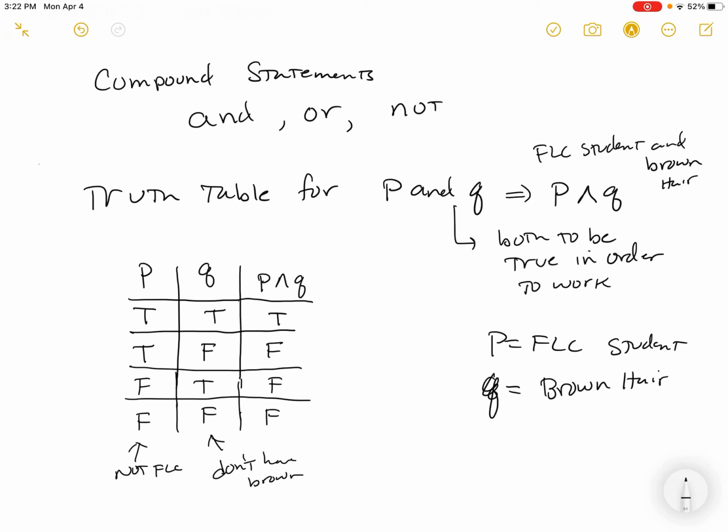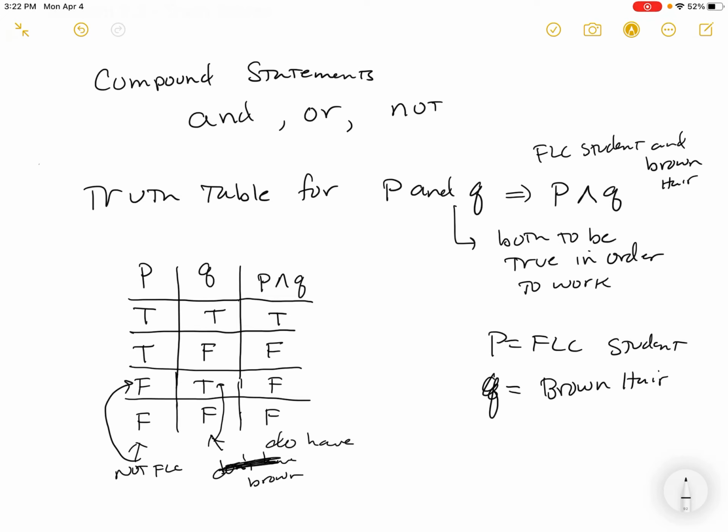So obviously if they fail in both categories, then we fail overall to have a person that's an FLC student and brown hair. Now if I go up one level and we look at this one right here, then they're not an FLC student, but they do have brown hair. Well, even though they have brown hair, if they're not an FLC student, then I do not have somebody at the same time who's an FLC student and has brown hair.